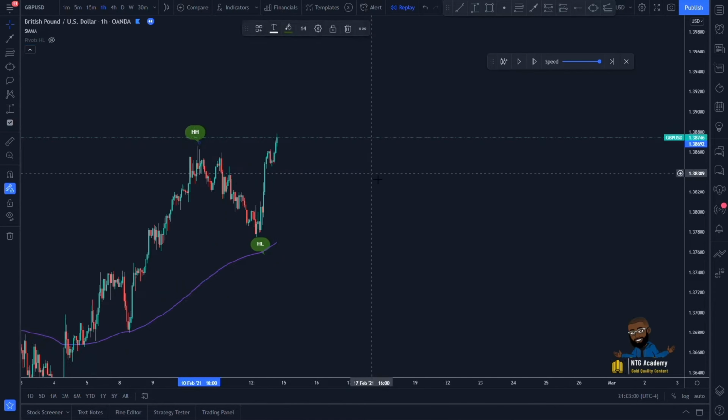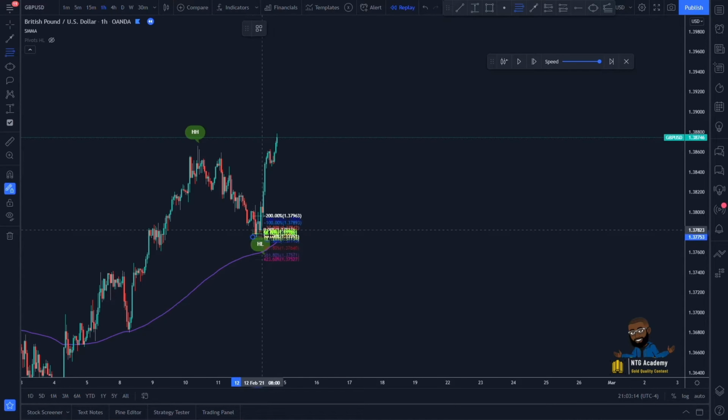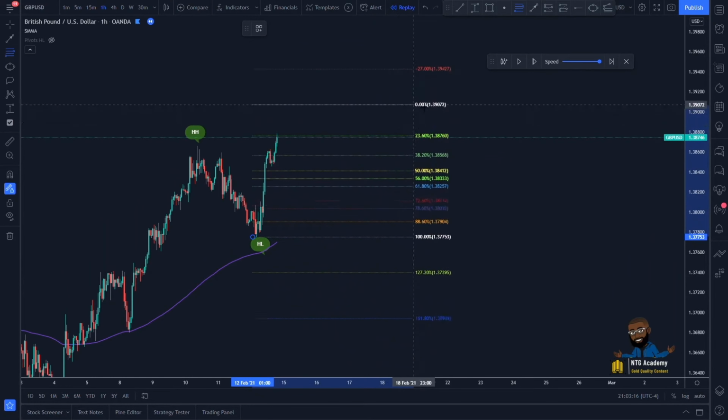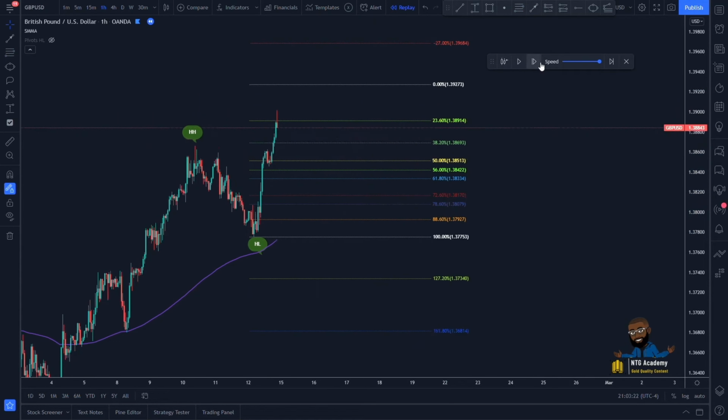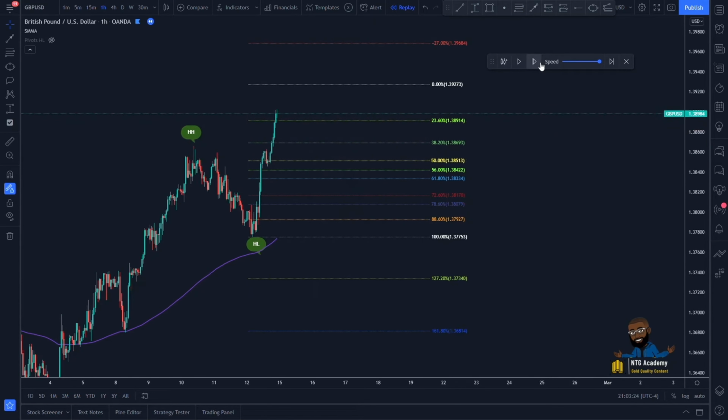Okay, so what I like to do is, when I see that higher high and that higher low, this is where you want to use fibs. You want to use it at that swing low, right at that higher low, and you want to drag it up. Now, what I like to do is wait for a rejection first, and that's where I'm going to put the 0% line.